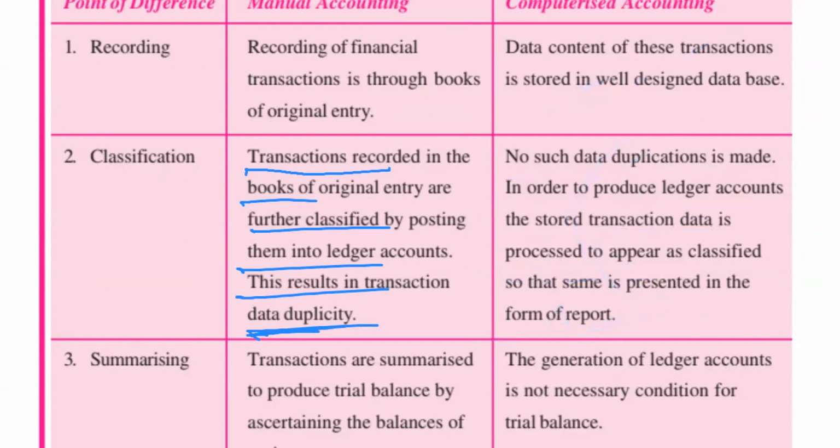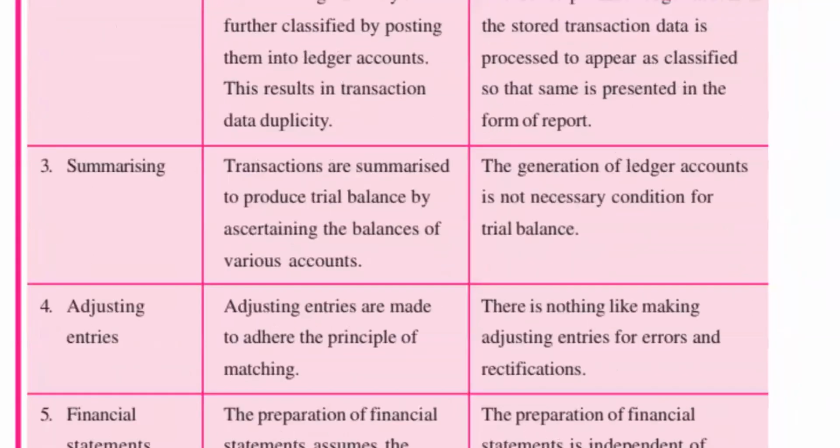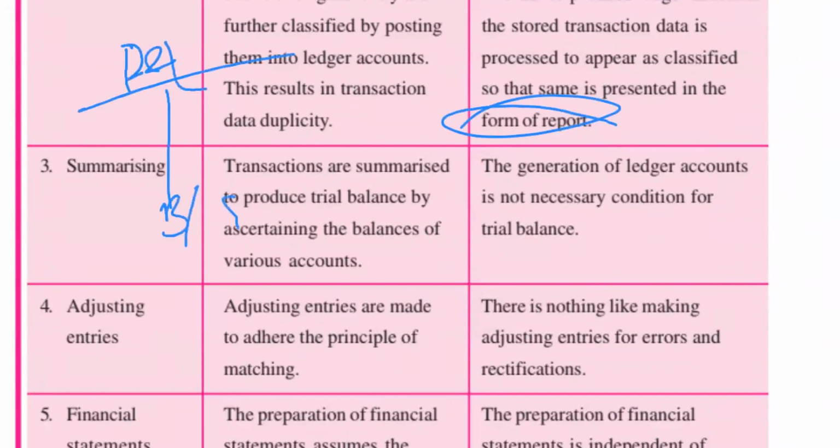No need for classification; directly it will prepare the financial statements. Under manual accounting system you have to prepare separate ledger accounts, but under computerized accounting system there is no need; directly it gives the result in report form. Report form means directly your financial statements like profit and loss account and balance sheet are prepared automatically.